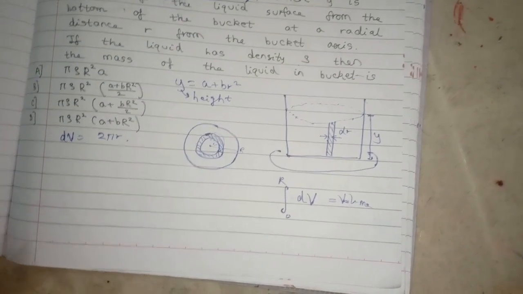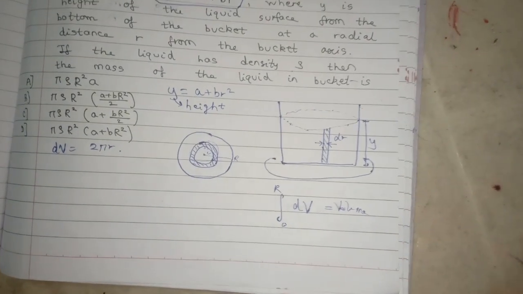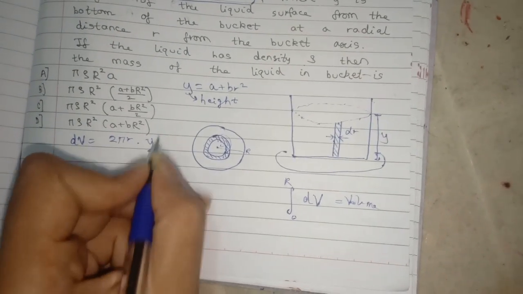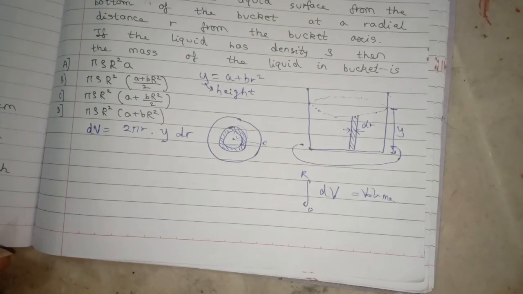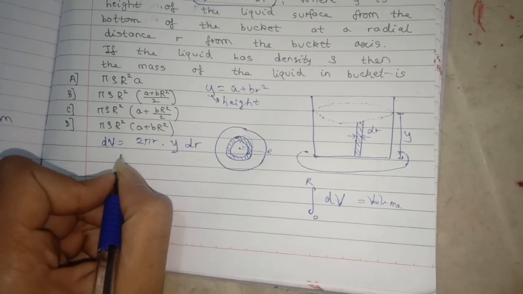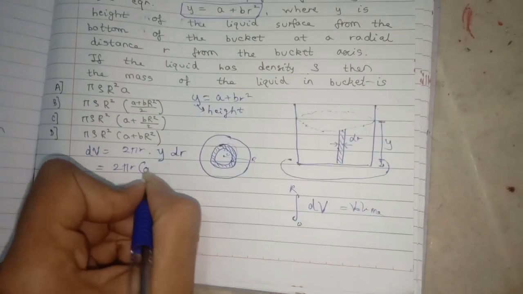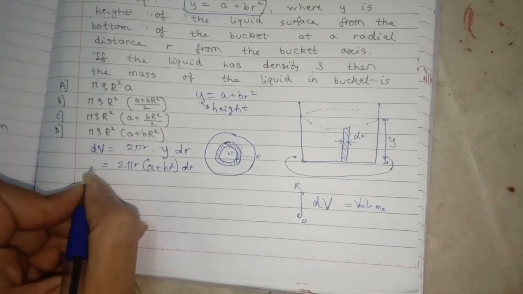We know that volume is nothing but area into length. Considering the strip, we take circumference into height. Height is nothing but y. So 2 pi r into y, and dr is the length of that strip. So we will substitute the equation: 2 pi r, y equals a plus b r square, dr.